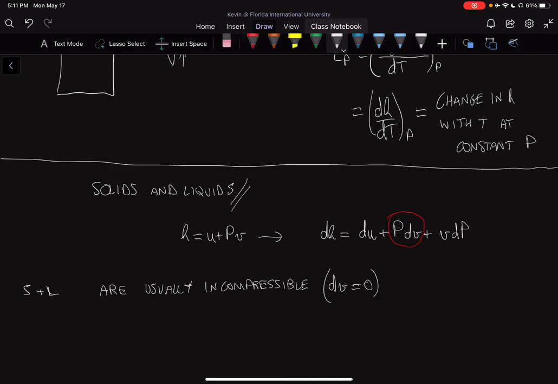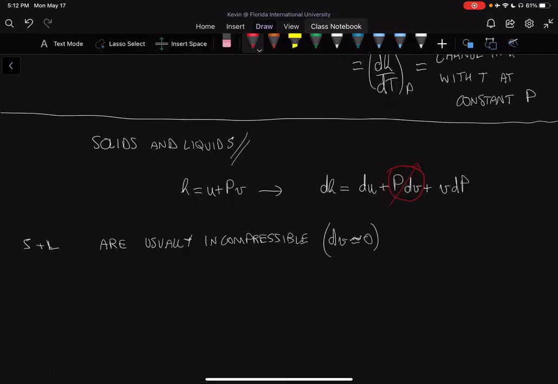It's approximately zero, so not exactly zero, but very, very small. And what that means is that we can get rid of this term for solids and liquids. So how does that help us? Well, we can say that dH for solids and liquids is equal to du plus V dP.